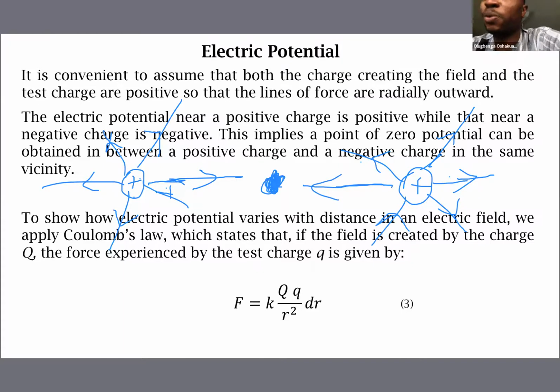So it gets to a point in which it won't know where to go, either to the left or to the right. Then it will stay at a particular point, and at that point it will not experience a net force. The force it is experiencing from the right is equal to that it is experiencing from the left. So the electric potential near a positive charge is positive, while that near a negative charge is negative.